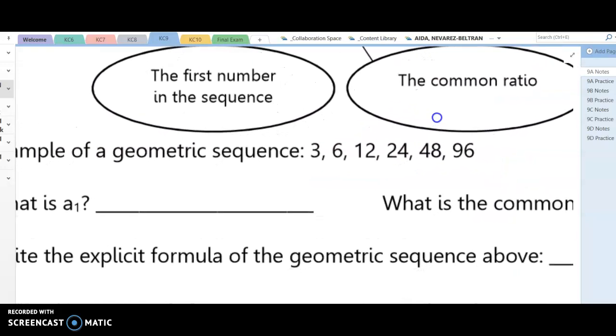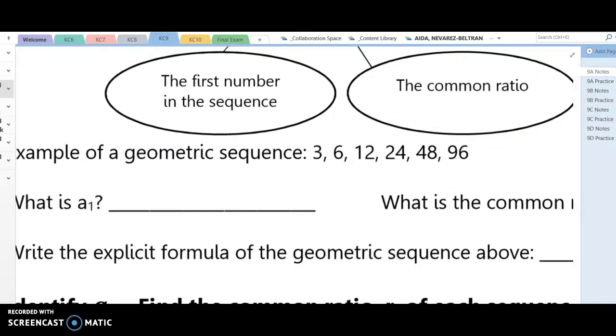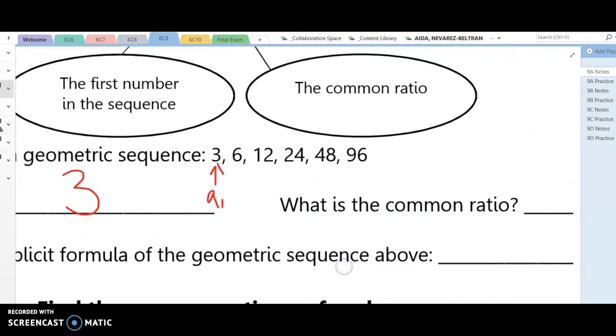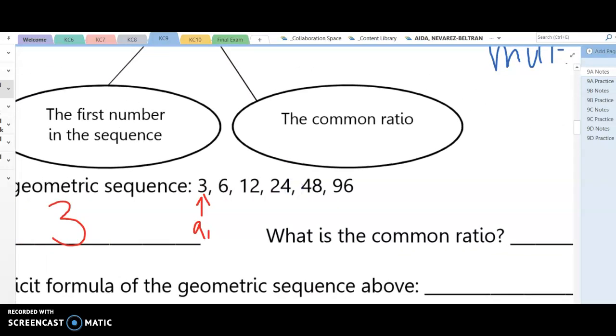So looking at the sequence, as for A1, just like before, A1 is always your first number, so it's 3. But then to find the common ratio, we have to look at how much our numbers are changing by, or how we get from one number to the next number. So if you look, we're multiplying by 2 each time, so your common ratio is 2.